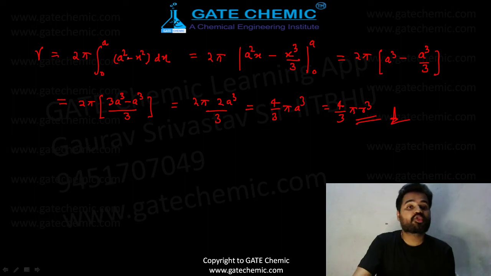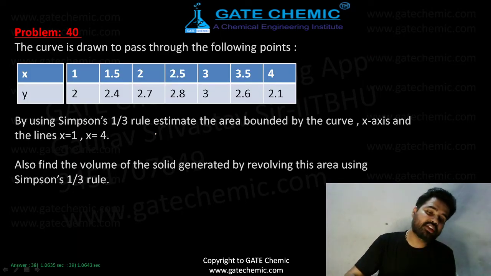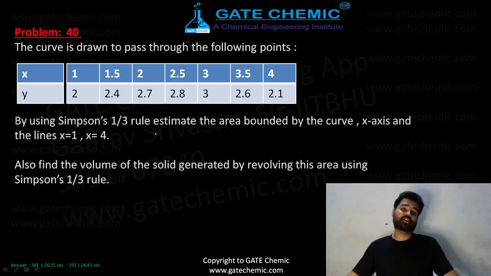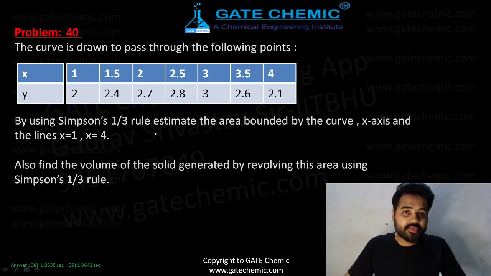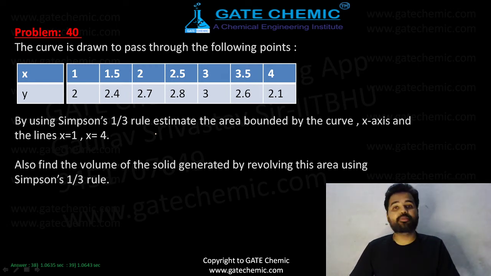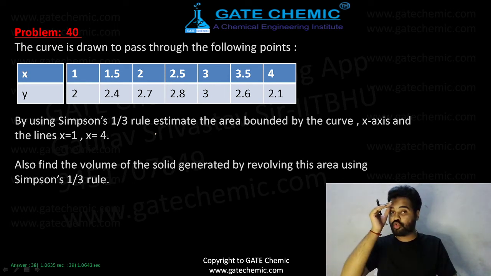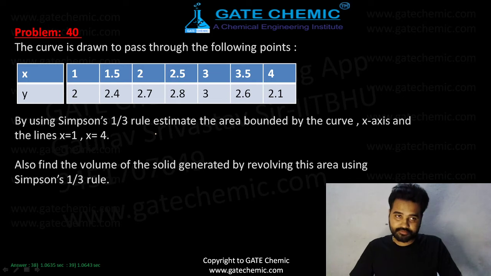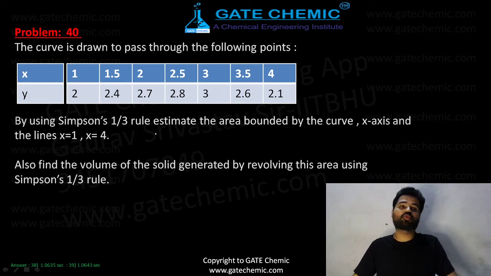Now I am going to apply this formula on one beautiful numerical. This is a very important numerical for the coming GATE examination. The curve is drawn to pass through the following points. We have one beautiful curve. x is 1, 1.5, 2, 2.5, 3, 3.5 and 4, and y is 2, 2.4, 2.7, 2.8, 3, 2.6 and 2.1.